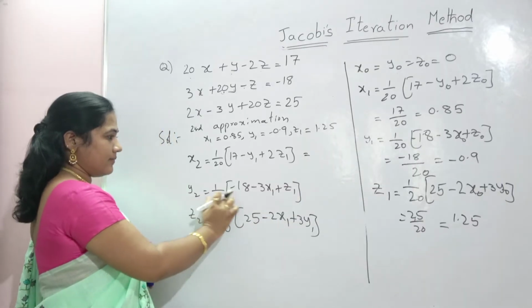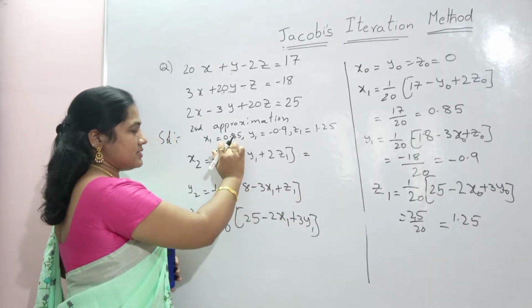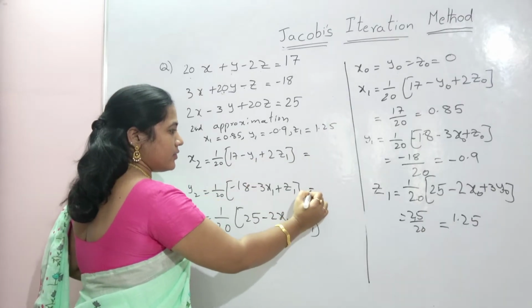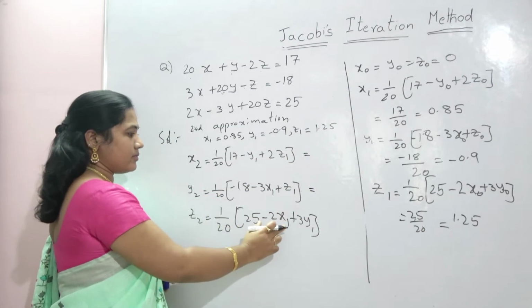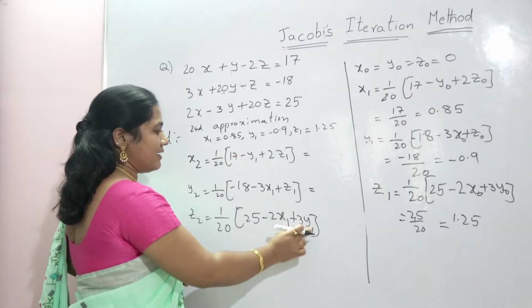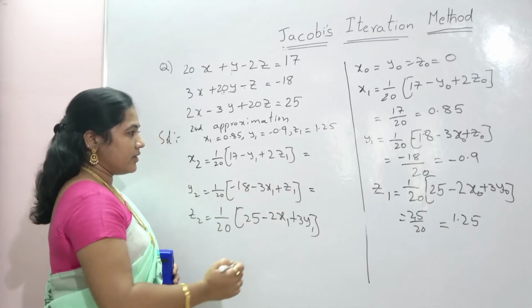So similarly x1 is 0.85 and z1 is 1.25, and for z2, x1 is 0.85 and y1 is minus 0.9.